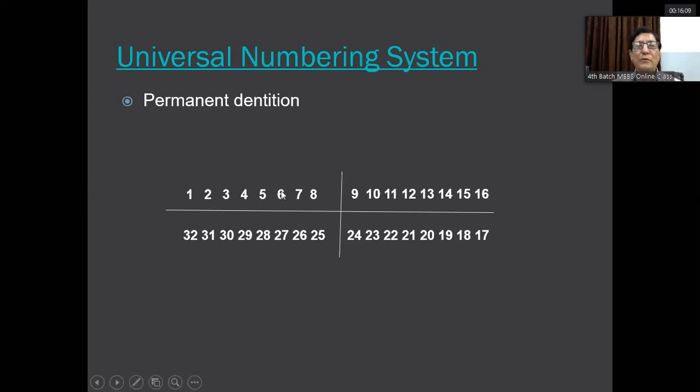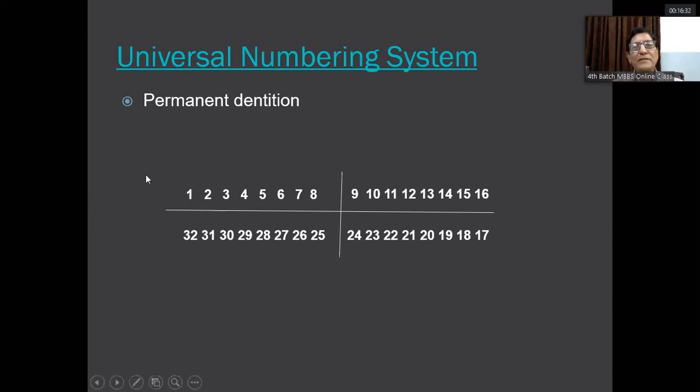In the American system, the universal numbering system, which some other countries also follow, they start the numbering of teeth from the upper right quadrant, the last tooth, the third molar. They name it as number 1. So you start from the right upper quadrant. Just imagine your own right upper quadrant, the last tooth, that means third molar.